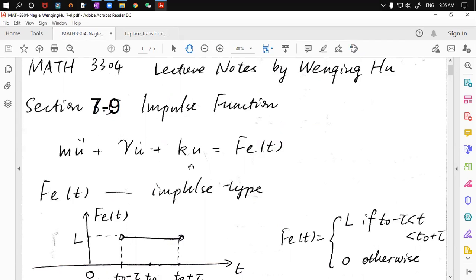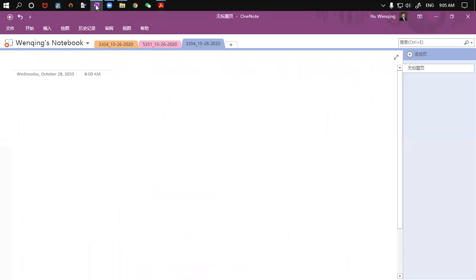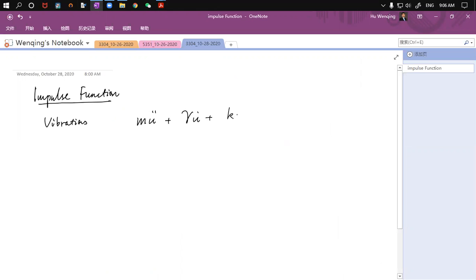So what is an impulse function? Well, imagine that we've been talking about problems related to vibrations. The vibrations corresponding to such a problem: m u double dot plus gamma u dot plus k u is equal to the external force.